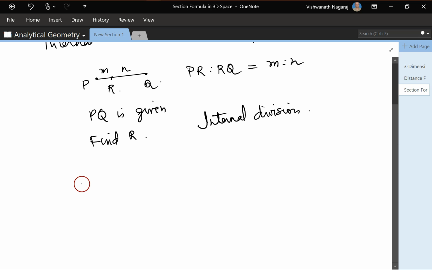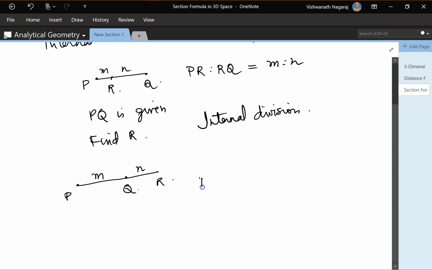Okay, now let's take another example. We have P and Q and we have to find a point R beyond Q in such a way that it divides the line in the ratio of m is to n.